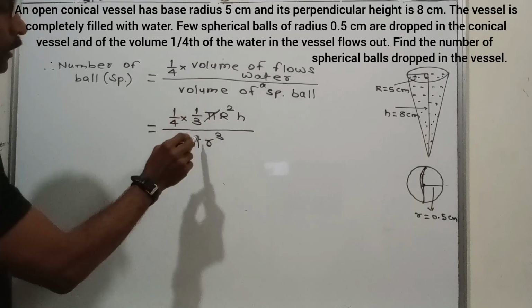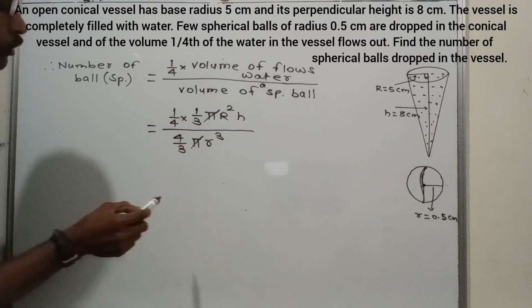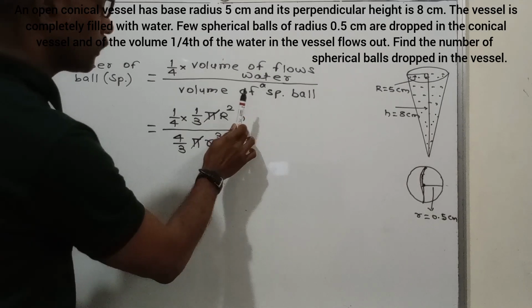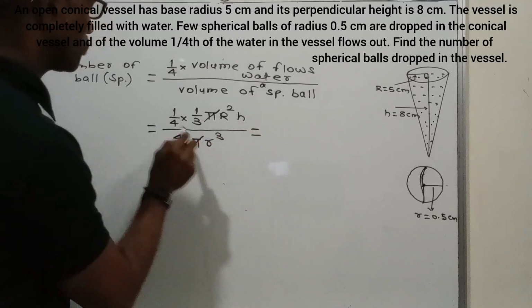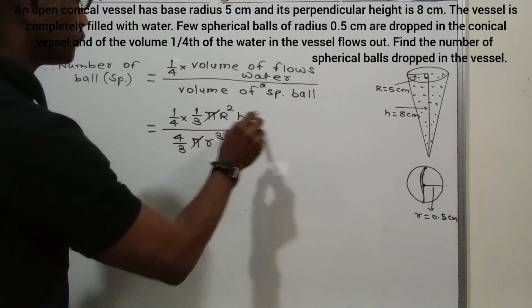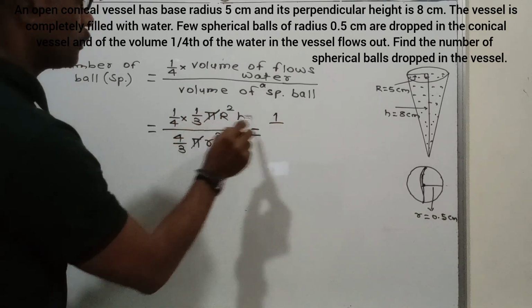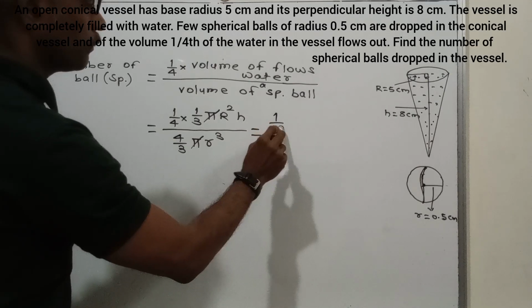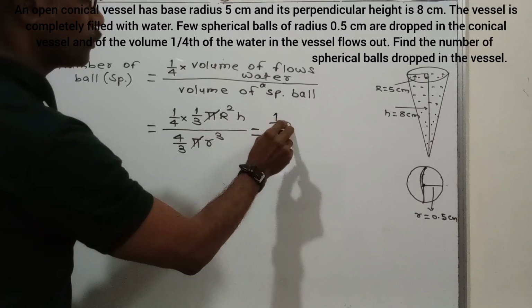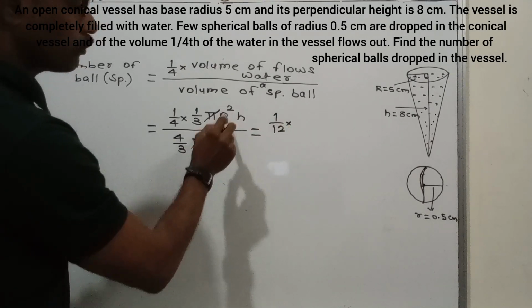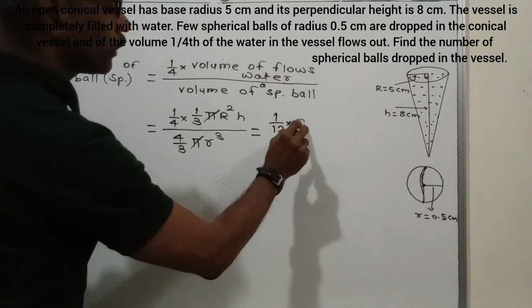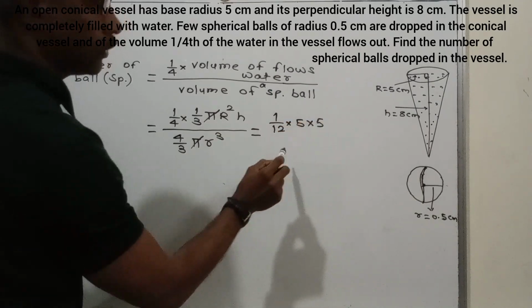Now here pi cancelled. Okay. Now we put here values. See this. Here 1/12 into r square. What is R? 5 into 5.